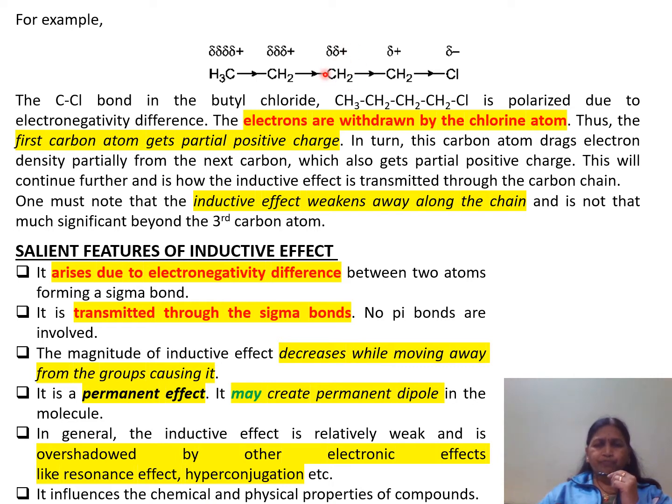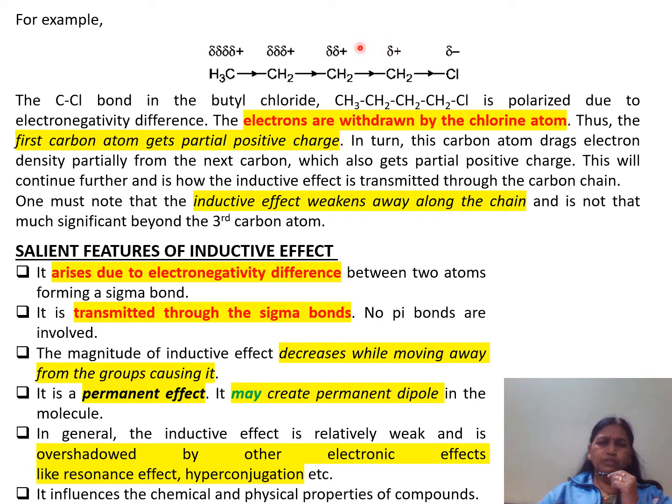And this way it will continue further; this is how inductive effect is transmitted through the carbon chain. One must note that the inductive effect weakens along the chain. As you can see, as we move away from the electronegative atom, the positive charge is fading.